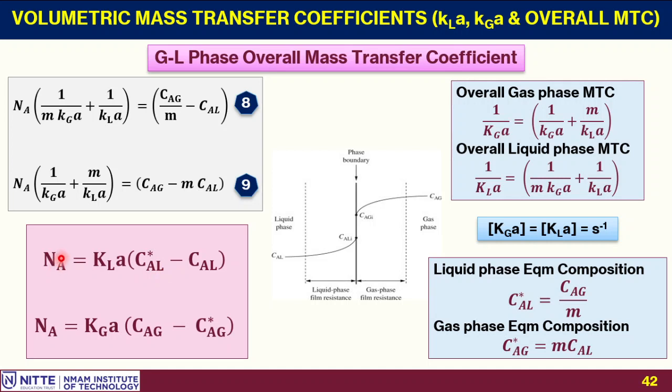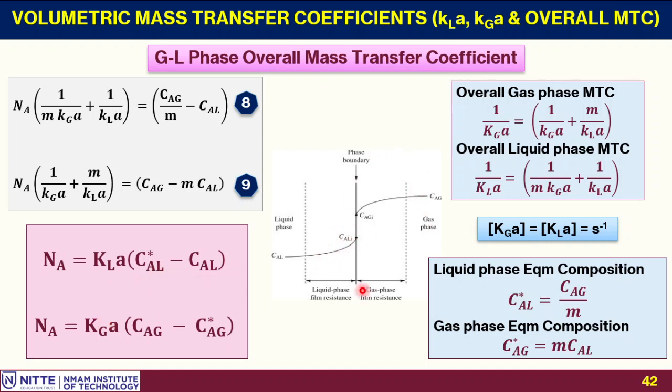So the rate of convective or diffusive mass transfer taking place in the entire system: if you analyze only the liquid phase, you need to know the liquid side overall mass transfer coefficient multiplied by the equilibrium composition minus its actual concentration.